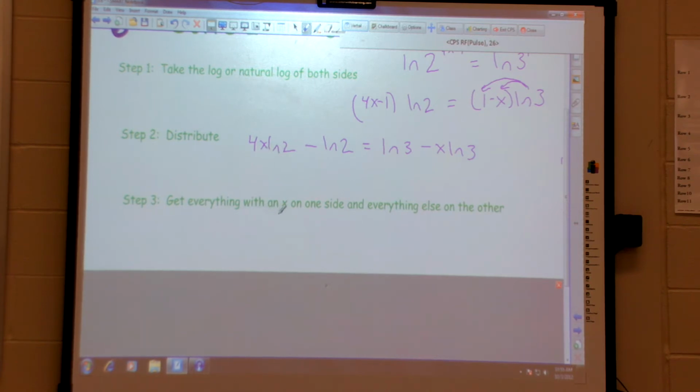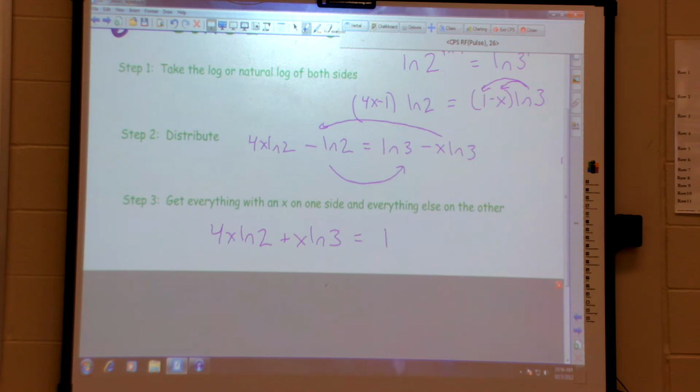try to keep your x's positive. For instance, I could take this term over, right? But that would give me negative and a negative, and yeah. Try to keep it as positive as possible. So I'm going to take this over to this side. Since this does not have an x, I'm going to take it over that side. So I have 4x natural log of 2 plus x natural log of 3.